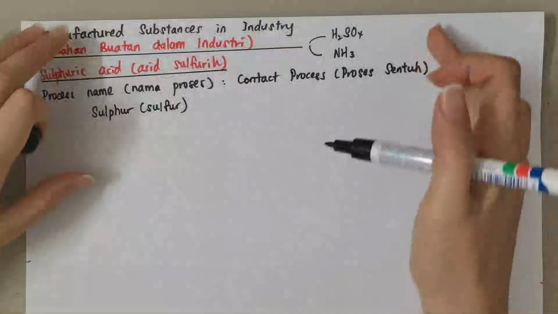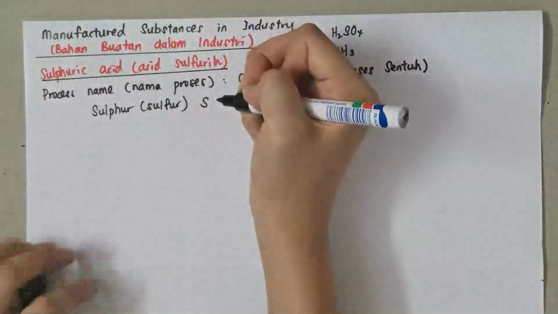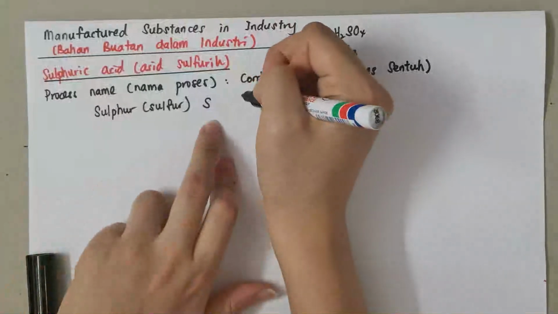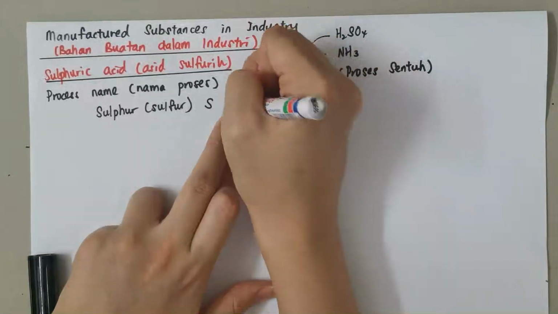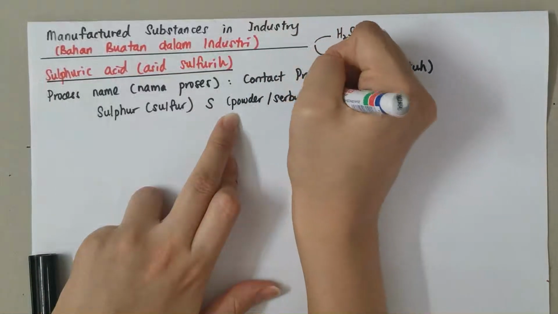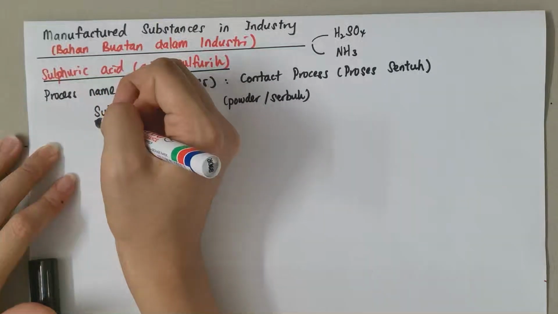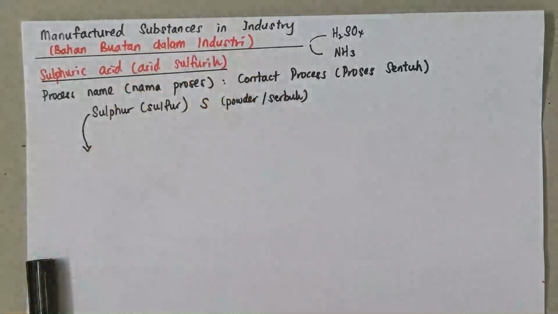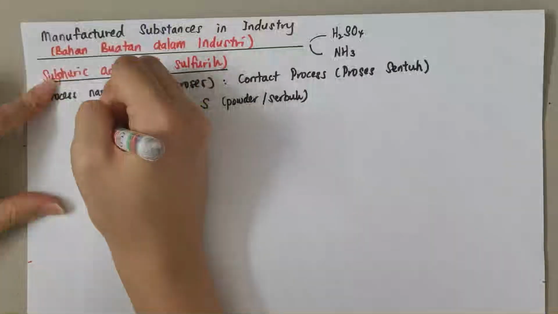The chemical formula is very simple, it is S. This sulfur is in powder form, dalam bentuk serbuk. At first, we burn the sulfur in the air. Bakarkan sulfur di udara. The process is burning in the air.